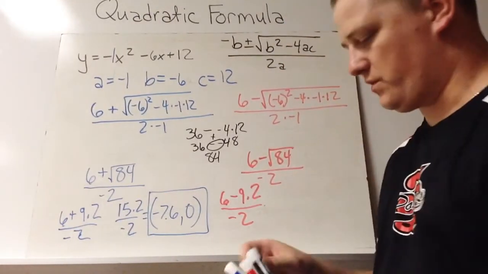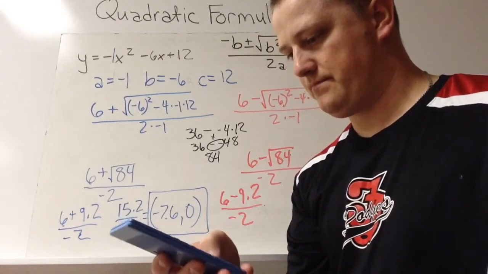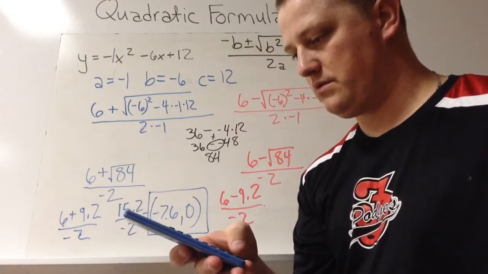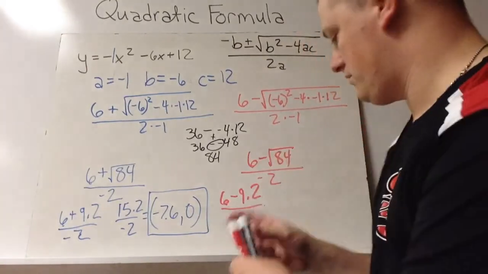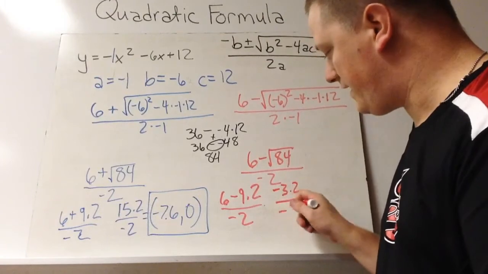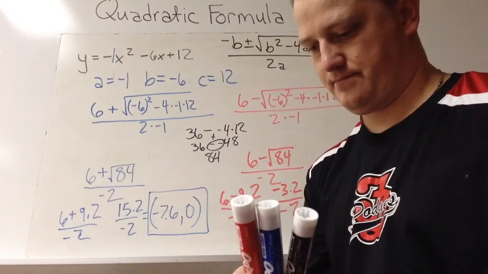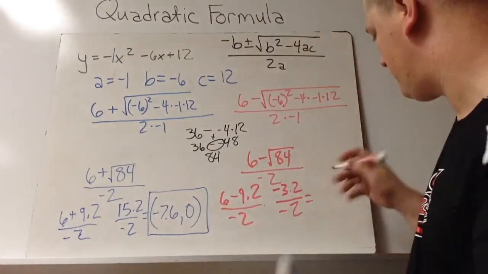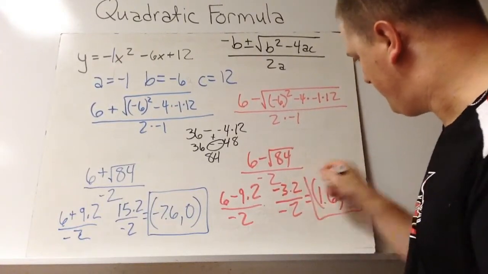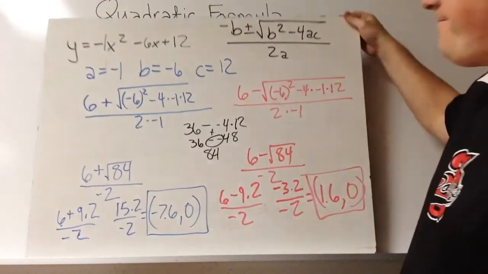And our second root, we're going to get 6 minus 9.2 gives us negative 3.2 over negative 2 gives us 1.6 comma 0 for our other root. So there are two roots. Alright, let's try this one more time.